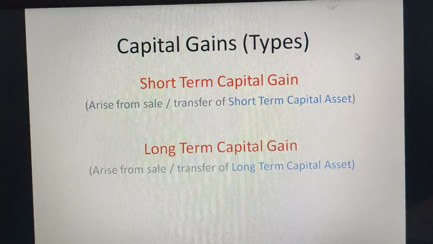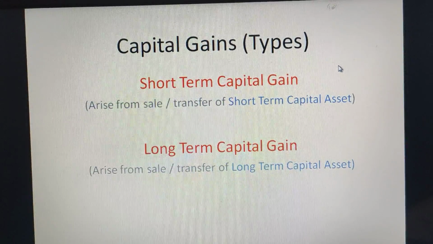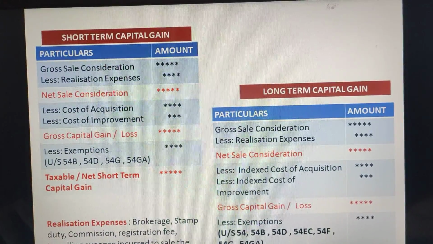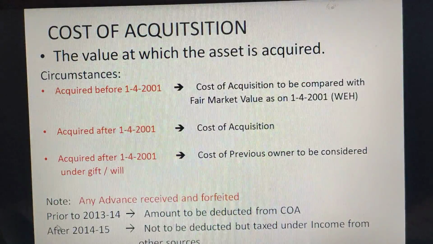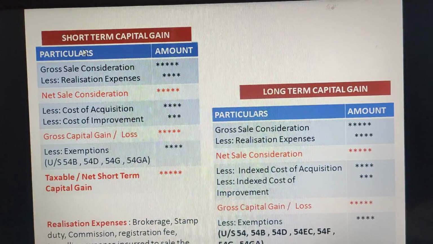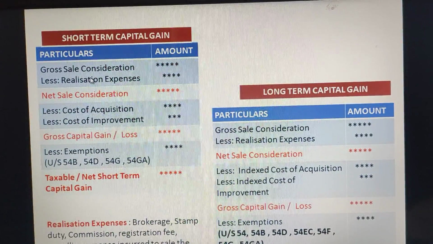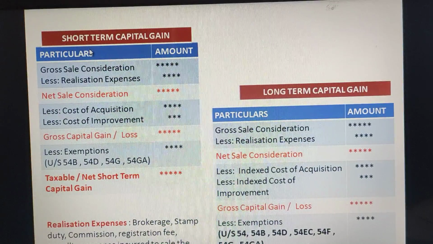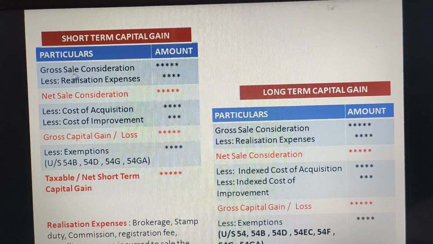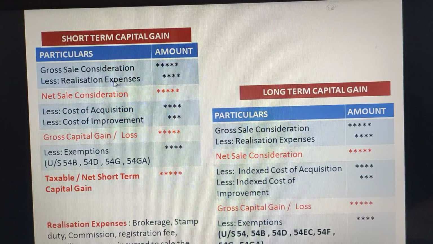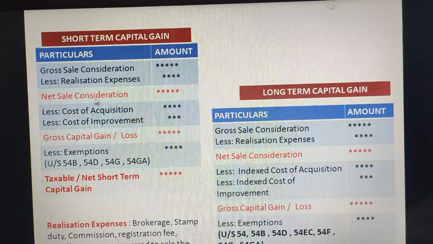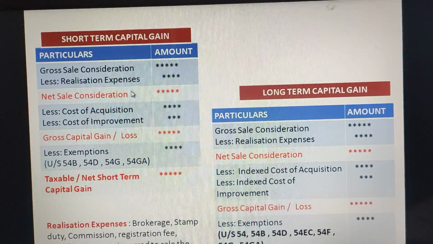Now to calculate short-term capital gain, here is the format. Just look here. As usual, you start the format for short-term capital gain: gross sale consideration minus realization expenses. This will give you the net sale consideration.